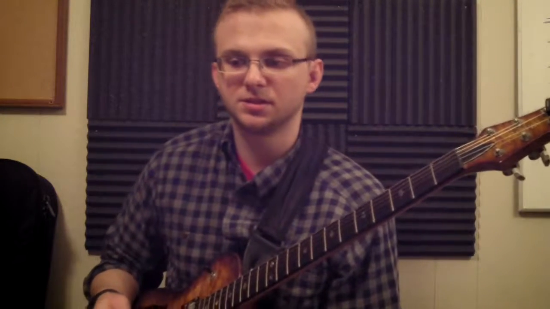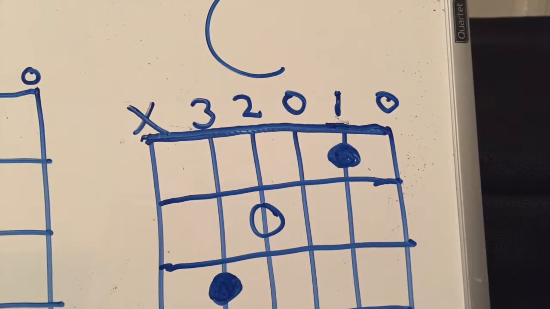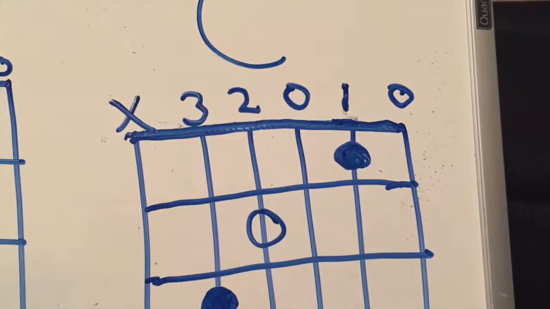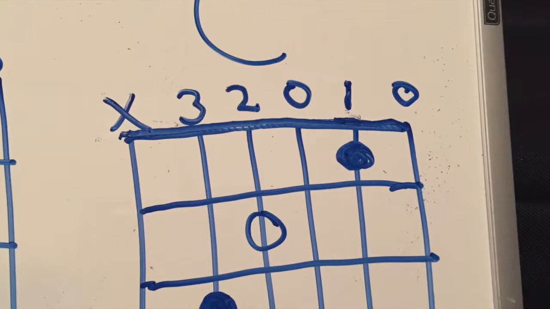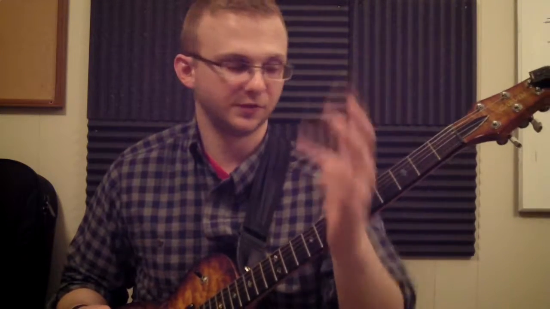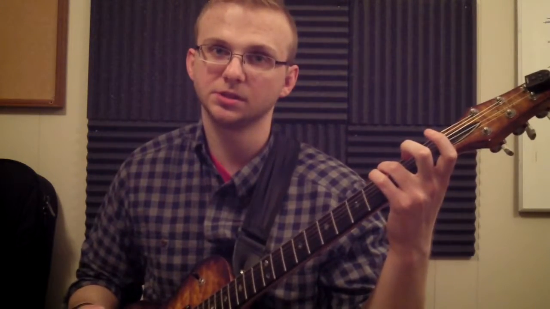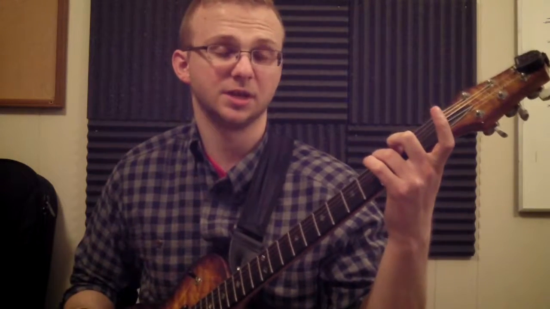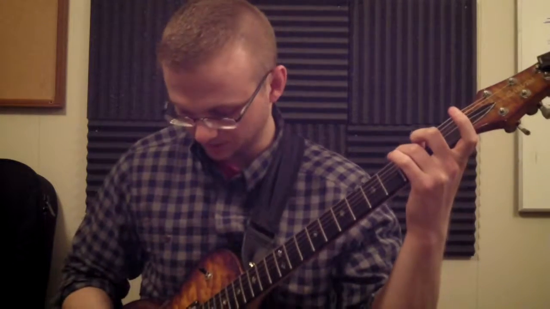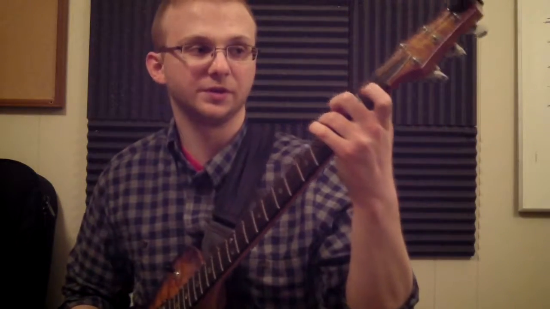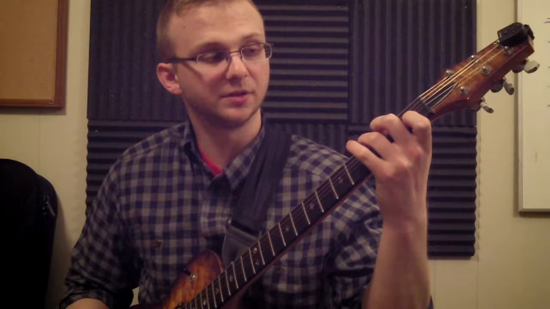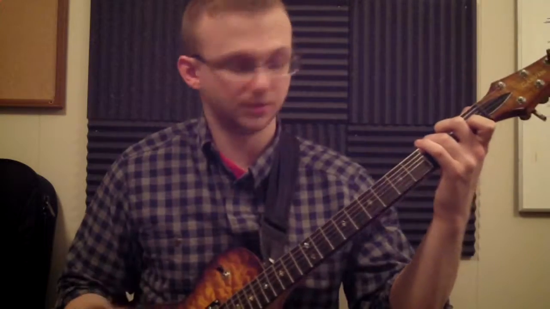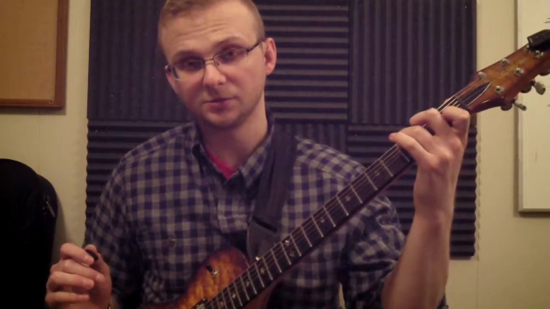Next is the C chord. It is played by using the 3rd finger on the 3rd fret on the 5th string, the 2nd finger on the 2nd fret on the 4th string, skipping the next string, taking your 1st finger and putting it on the 1st fret of the 2nd string, and then it's just the open E string.